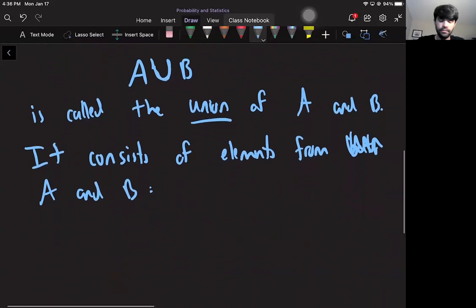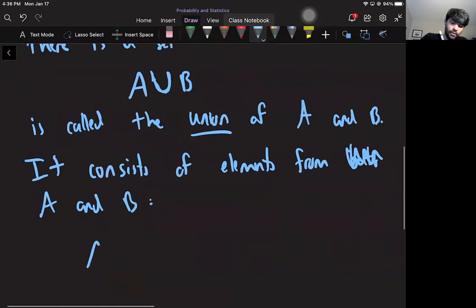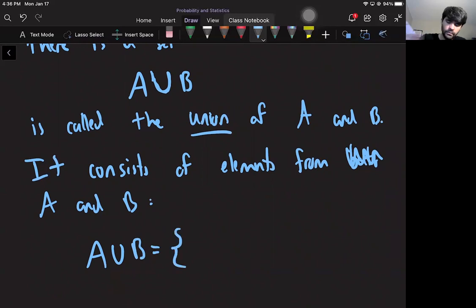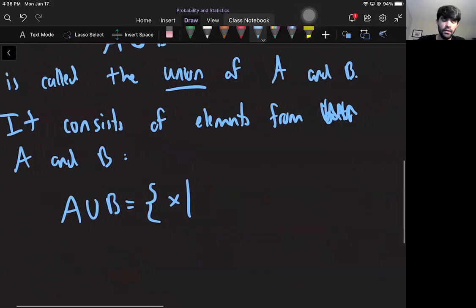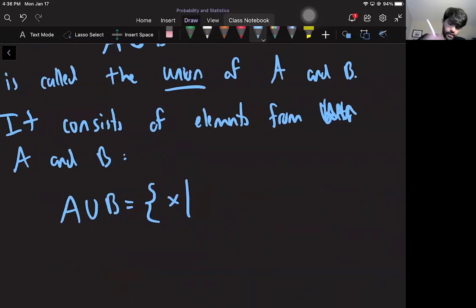And so if you want to be very precise about it, this is the actual set theory definition. You would say something like this. It's the set of all X. So X is just representing any element. But what do I know about them? It's the ones that are in A or in B. Either is fine.